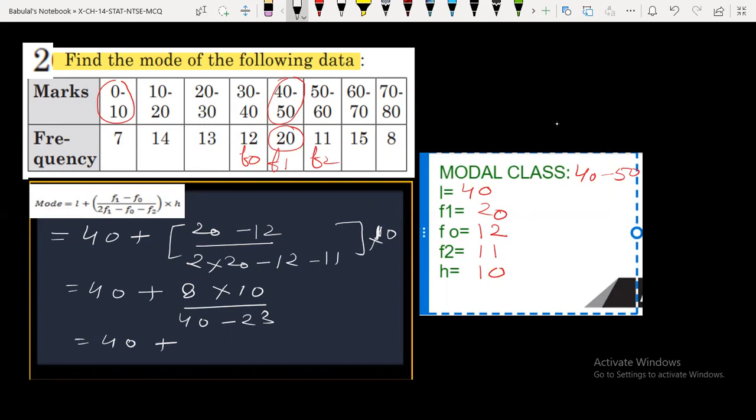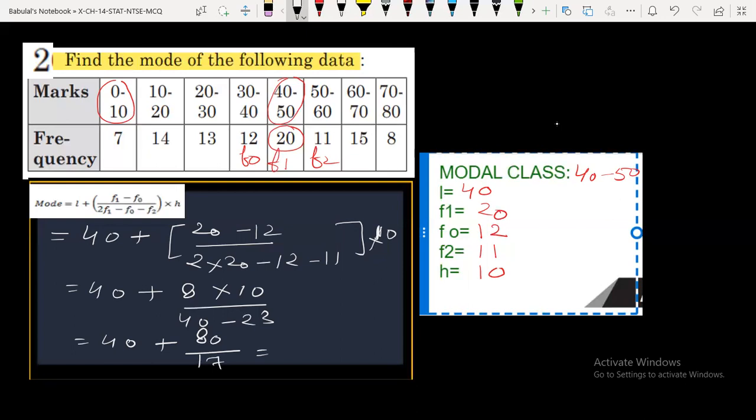Yes, student. What is the answer? On calculating this, that is 80 upon 40 minus 23, that is 17.